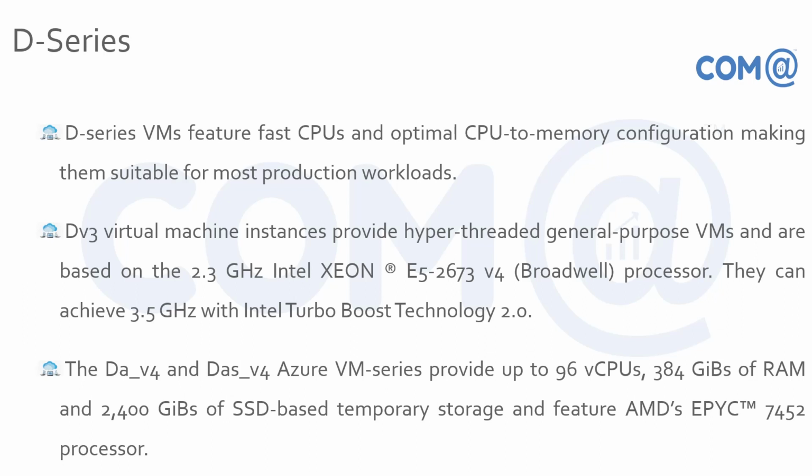The DA V4 and DAS V4 Azure Virtual Machine series provide up to 96 virtual CPUs and 384 gigabytes of RAM and 2400 gigabits of SSD based temporary storage, and feature AMD's EPYC 7452 processor.